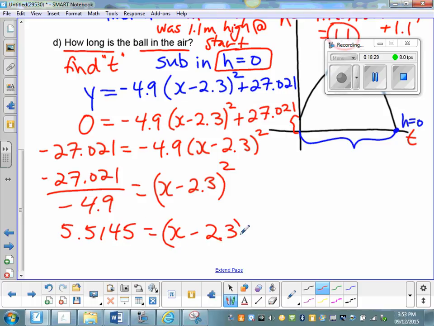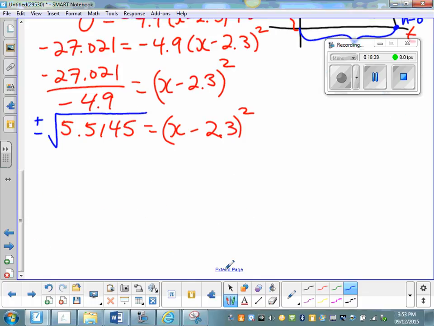And here's where you need to remember what happens next. So for this part, I'm going to take the square root of this side and do plus minus for that answer. So when I take the square root of the right side, I'm just going to have x minus 2.3.